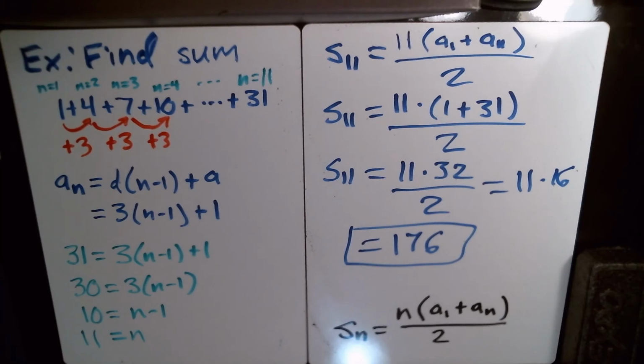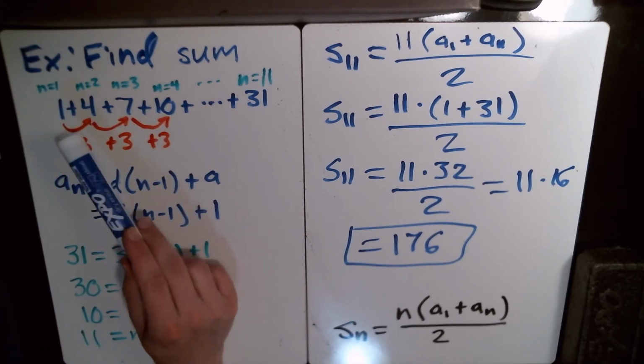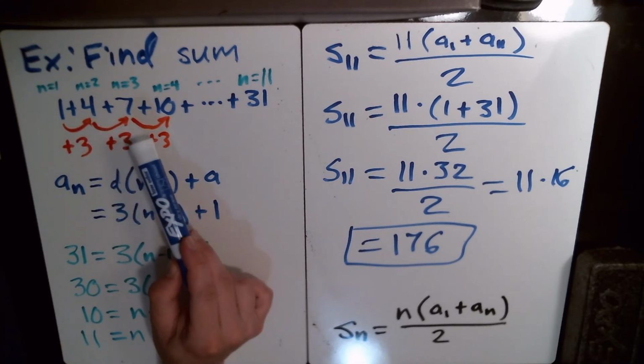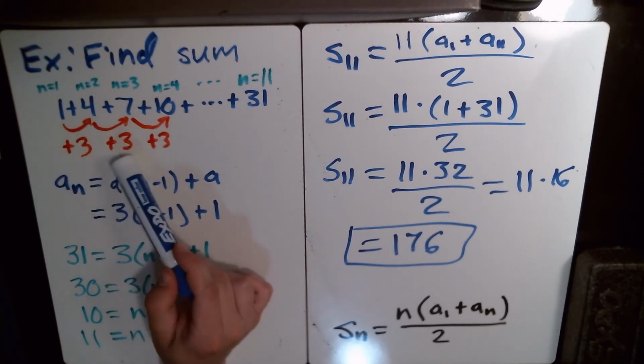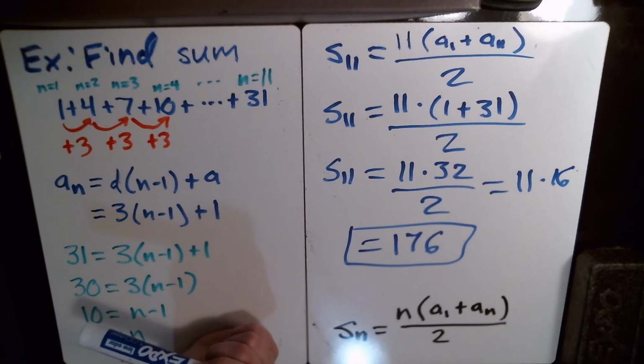So this is a little tricky. There's a lot of things going on, but essentially you just want to use this formula to find what the sum is. You notice that the terms are arithmetic. They're getting the same thing added to them every time.